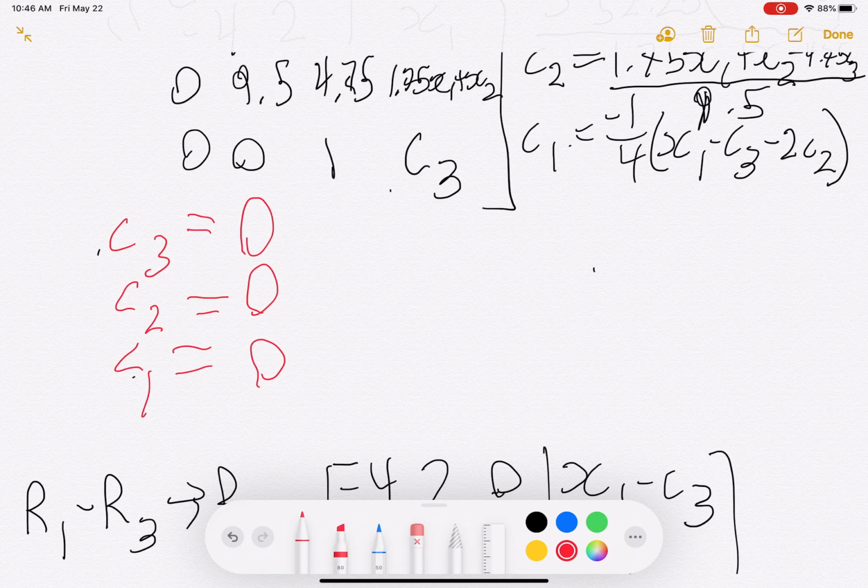Okay, so now we've just proven that this set of vectors, oh, I didn't even explain why this would work. So now we've just proven that this set of vectors is linearly independent. And you would understand why if you haven't watched my previous video on linear independence, the more in-depth video on it.